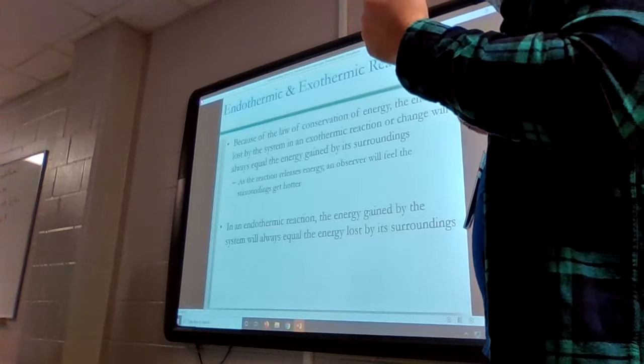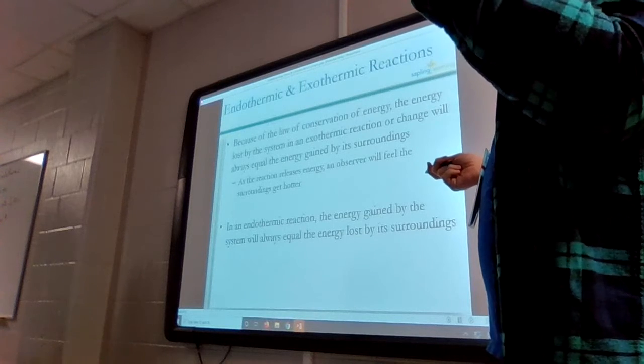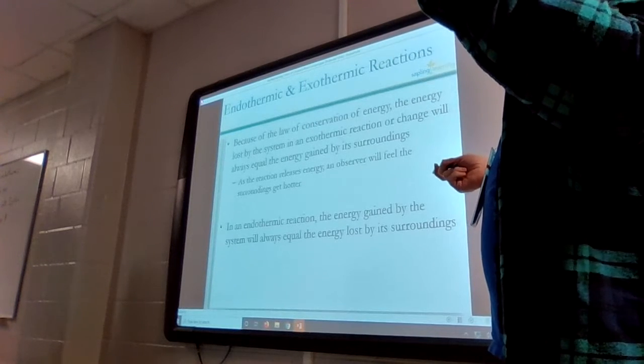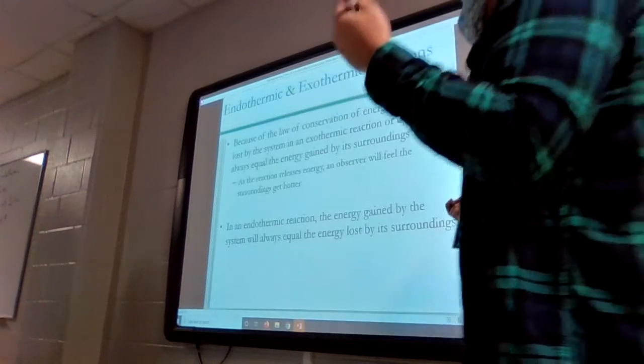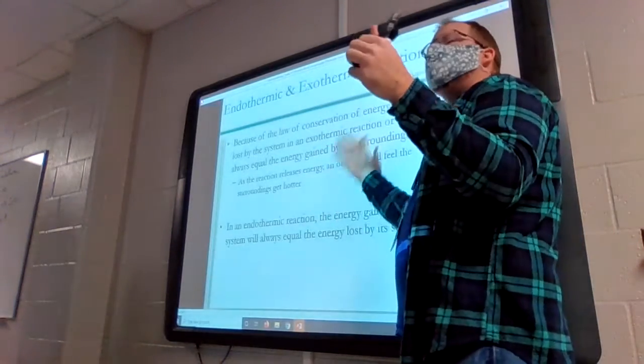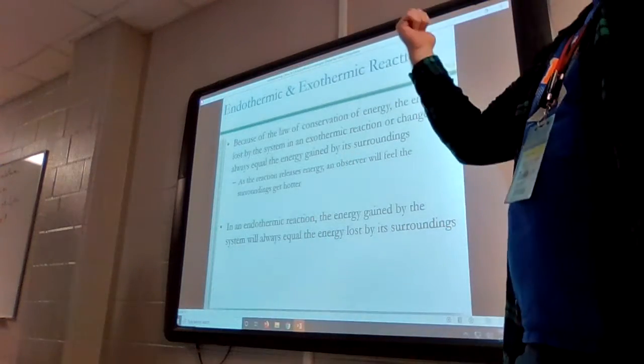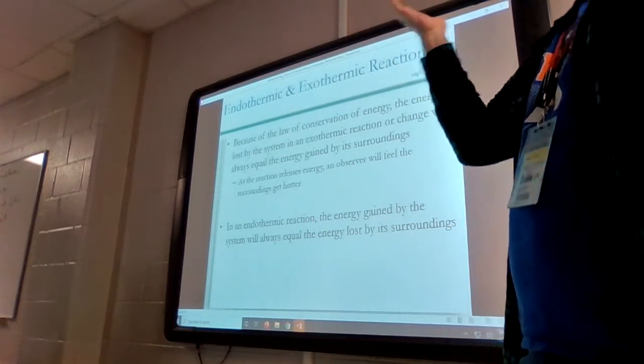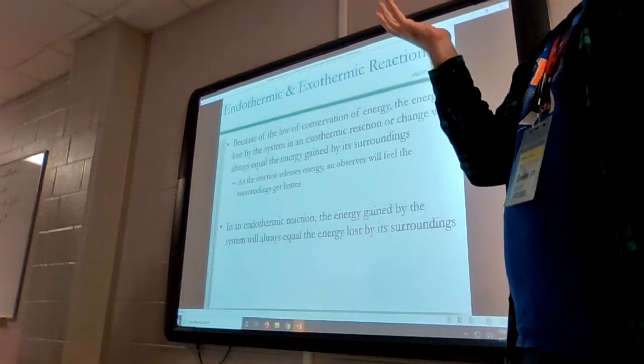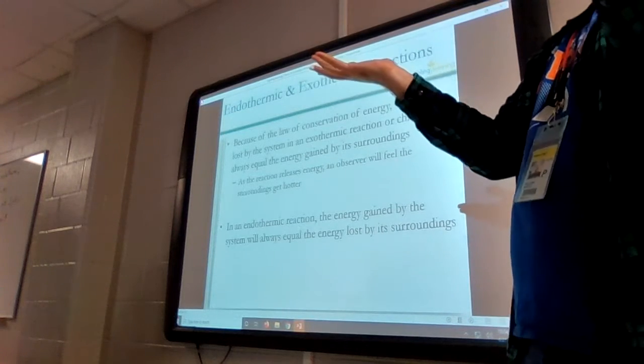So in an endothermic reaction, the energy gained by the system will always equal the energy lost by the surroundings. It doesn't matter whether it's endothermic or exothermic. Whatever goes in or comes out has to come from somewhere, and it has to be equaled up. I can't create energy. I can't destroy energy.